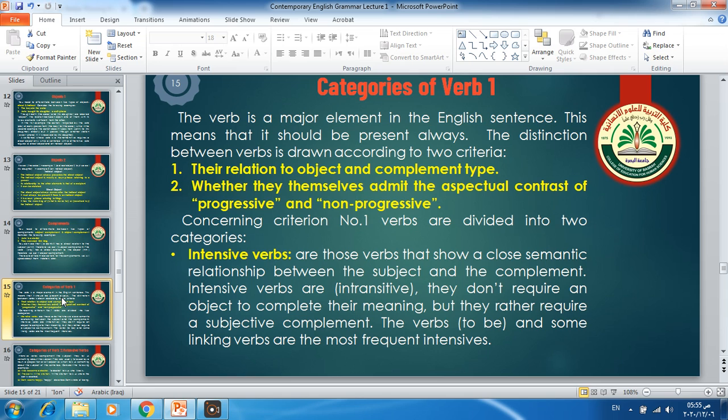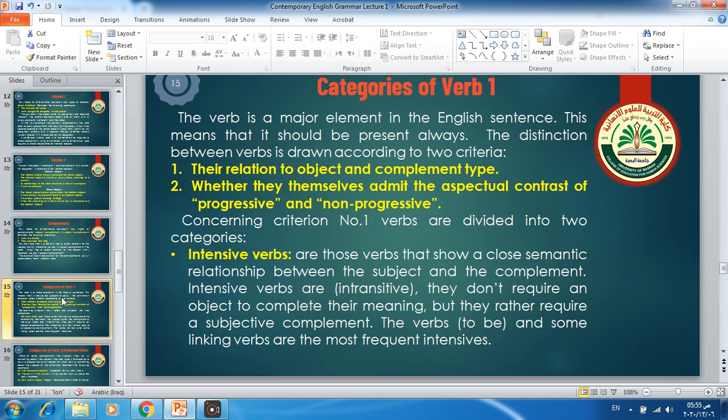The first criterion: their relation to object and complement type. So the relationship between the verb and the complement or the object determines or categorizes the verbs into different categories. And the second criterion: whether the verbs themselves admit the aspectual contrast of progressive and non-progressive.